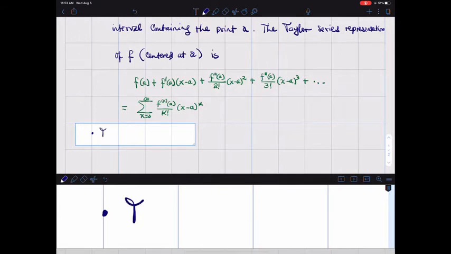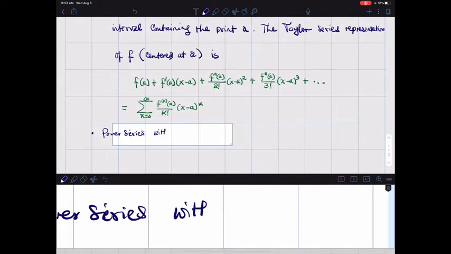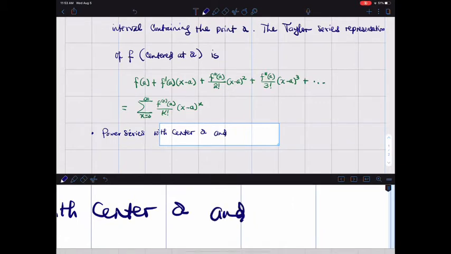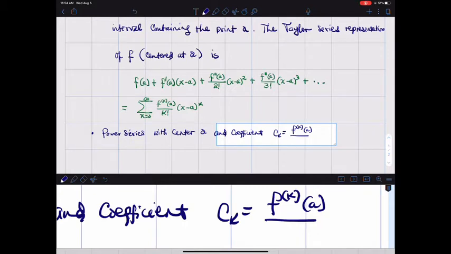The Taylor series is a power series with center a and coefficient c_k, and c_k is the kth derivative of f evaluated at a over k factorial.